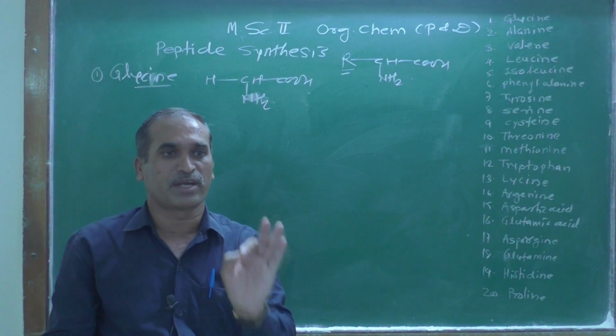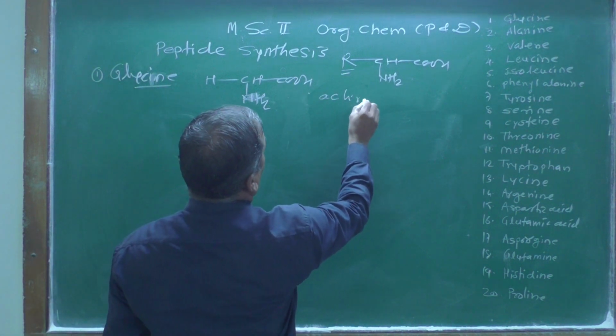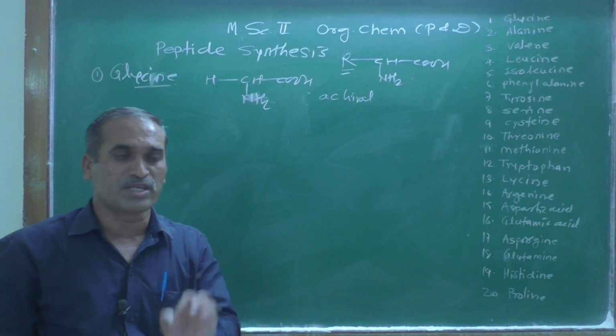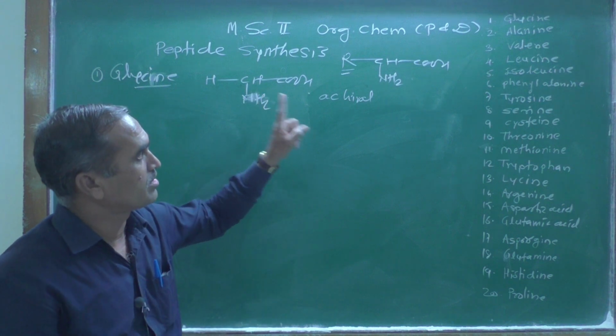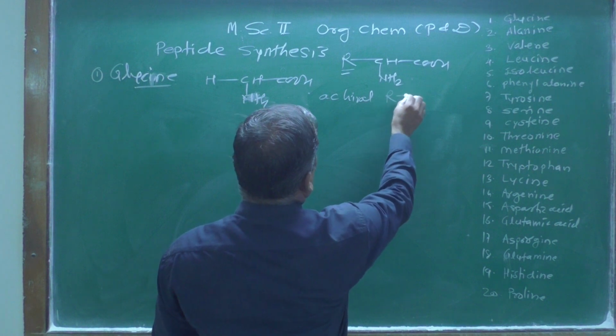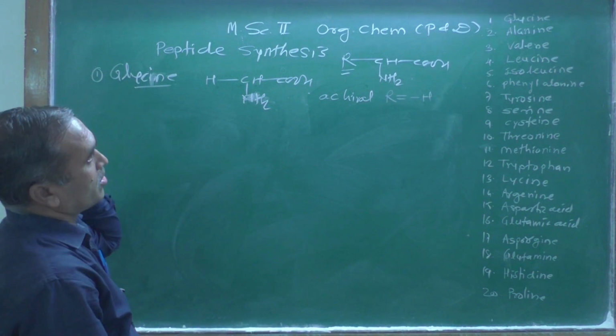Two groups are identical, and therefore glycine is achiral in nature, and therefore it is optically inactive. Here R is equal to hydrogen, and that is the structure of glycine.